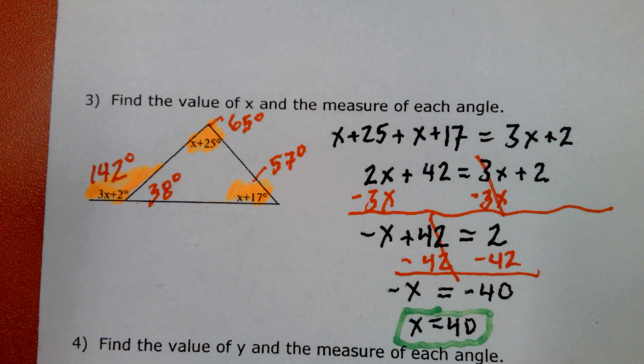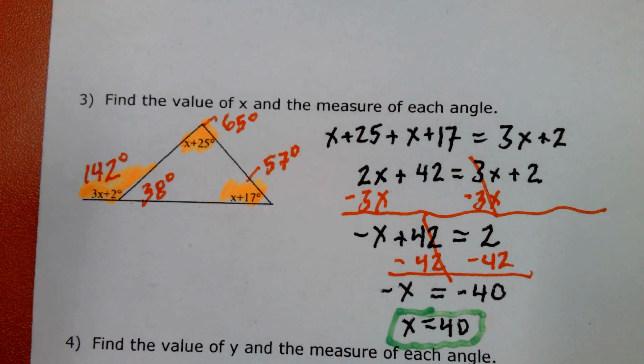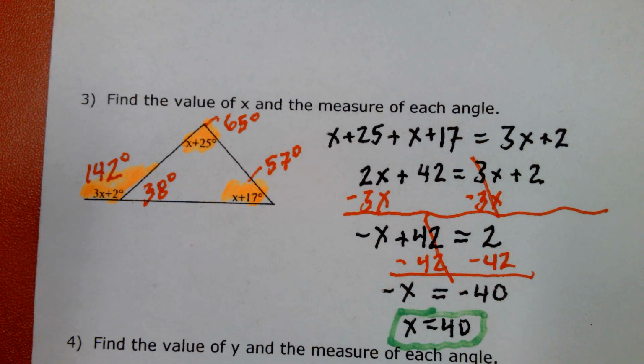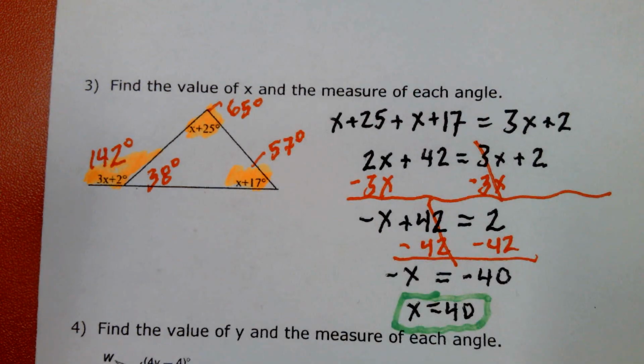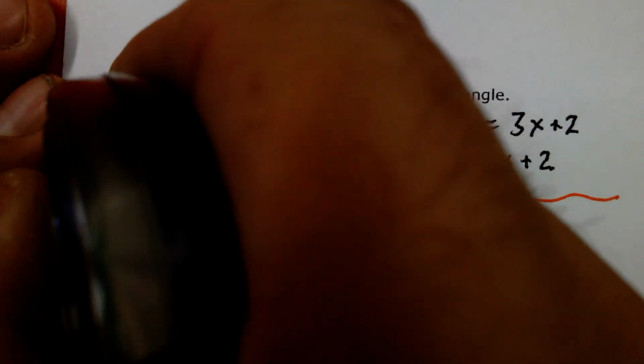Why is 3 times 40 plus 2 equal to 142, if 3 times 40 equals 120 plus 2 equals 122? Oh, did I miscalculate that? Yeah, in fact, we can add these two. So let's try that again. I apologize. That would change this one too.